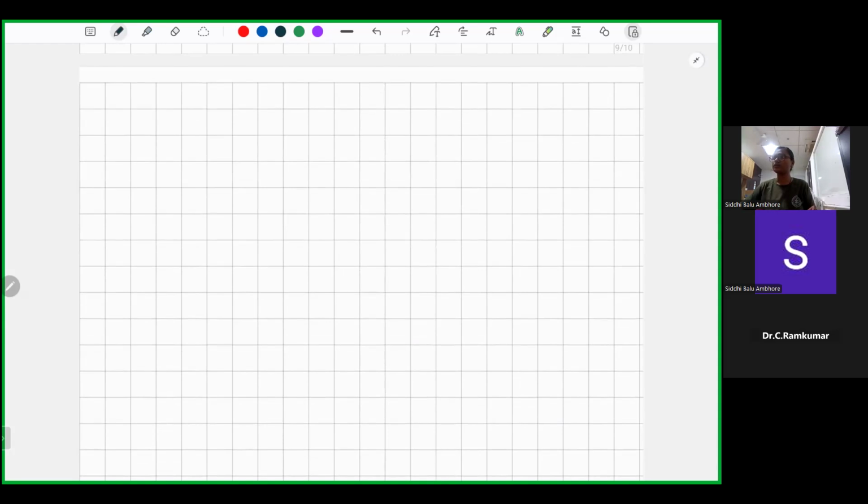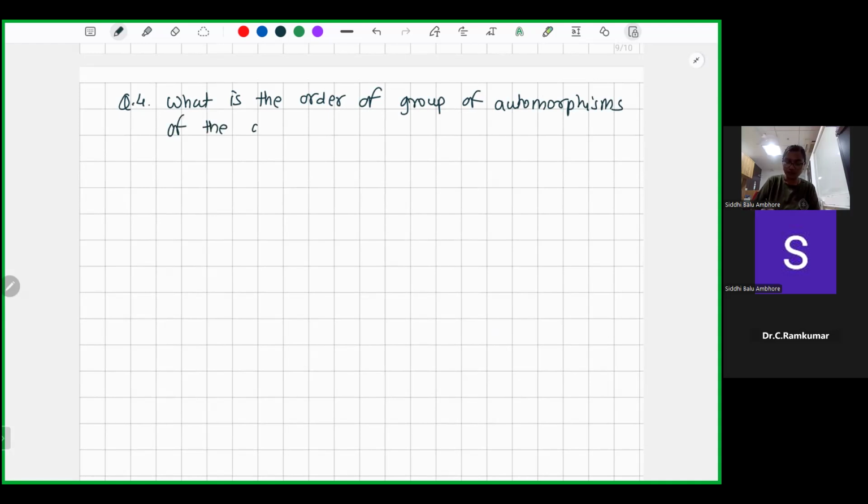So yes, now let's move to question 4. What is the order of the group of automorphisms of the group Z10?